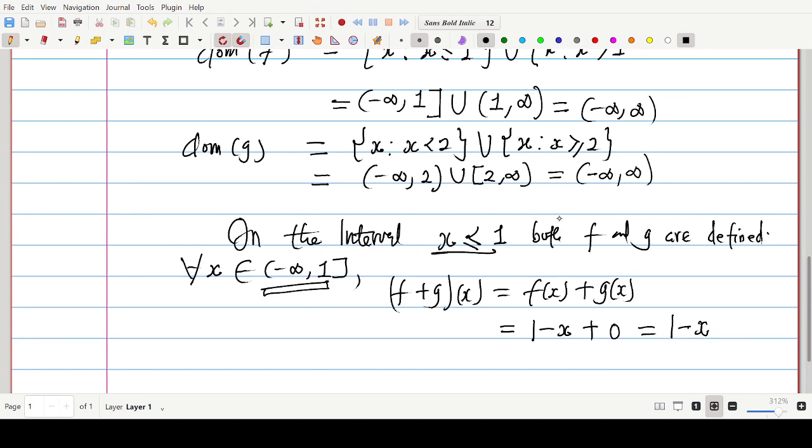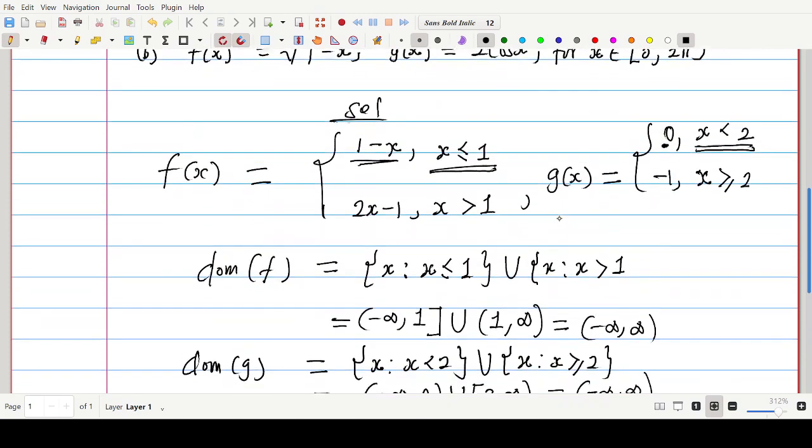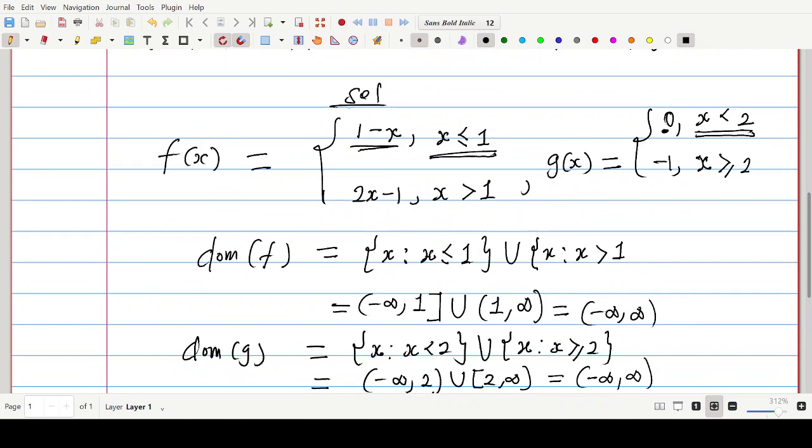Let's look at another interval again. There's still a common interval. Now, once again, look at this interval also. Let's take x bigger than 1, and x less than 2.